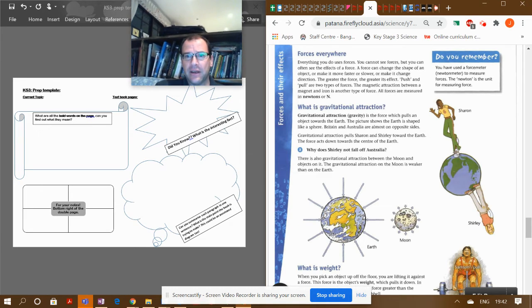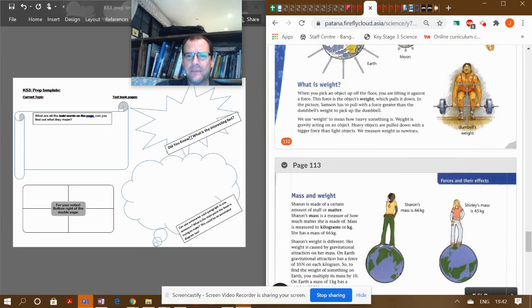It might be a picture which shows the Earth and the Moon. You can draw that as a diagram and show the Earth having these big force arrows, showing that the Earth has a bigger gravitational force of attraction, or gravity, than the Moon, because it is a bigger object.